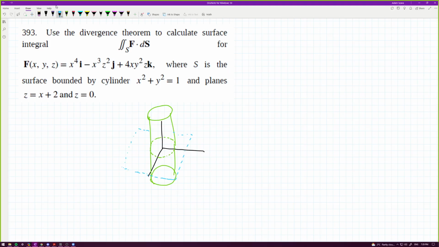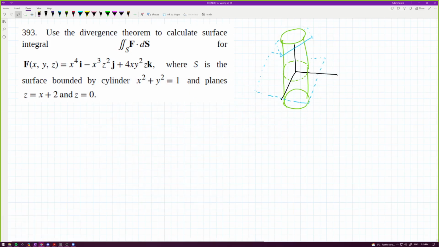I'll draw a plane like that. And then another plane, z equals x plus 2. It doesn't really matter what plane that is, but it's above this one, so it's some other plane slicing it. Again, it doesn't matter how I draw that. So there's my try at drawing it.